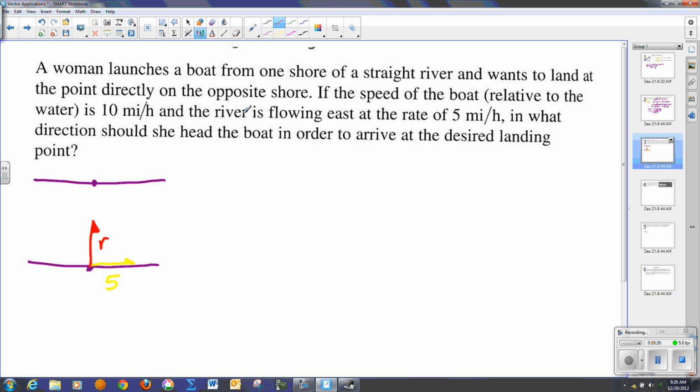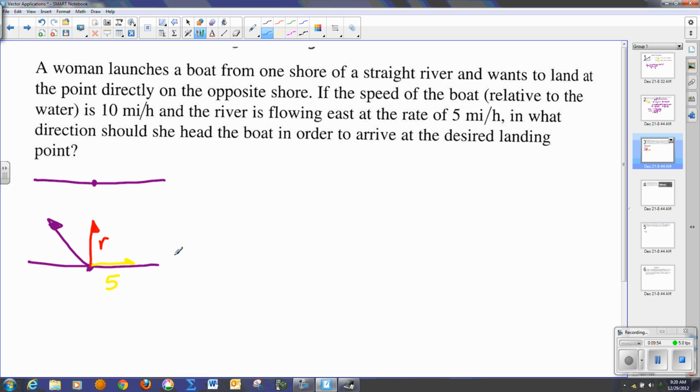And then the boat is going to have to move at this direction. If you've ever rowed a rowboat or any kind of boat in a current, you know the current pushes you back the other way. It's like swimming in the ocean. The riptide takes you down the shore, and then you got to walk back.